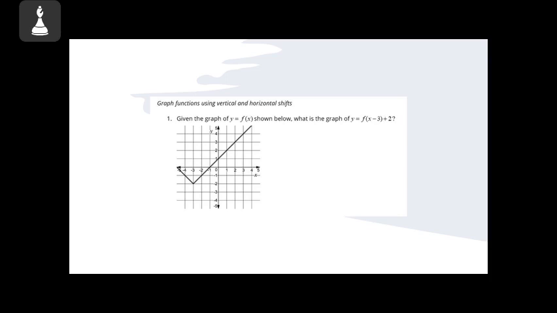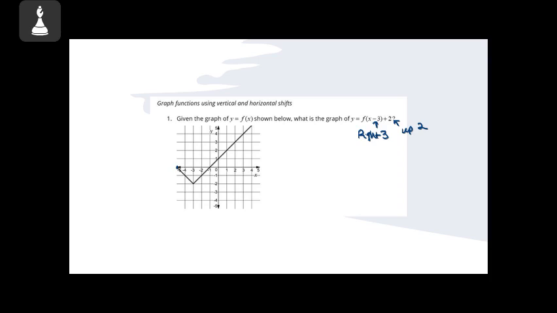What this means is right 3 and then up 2. So basically every nice point that I have on this graph, I need to move right 3 and then up 2.